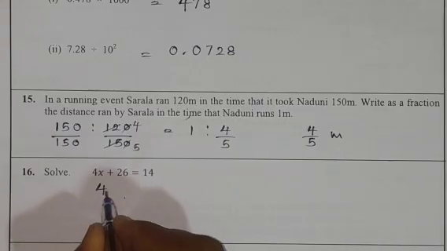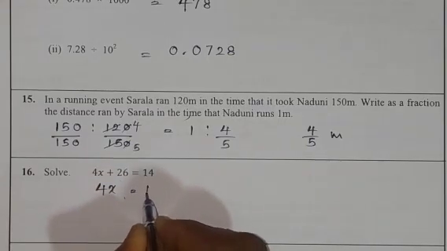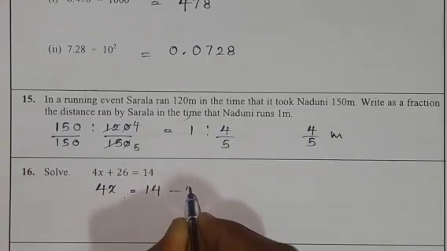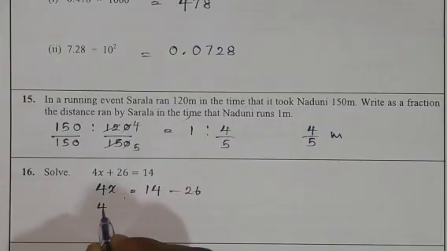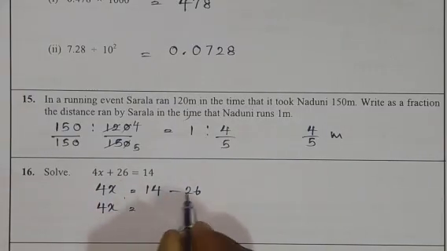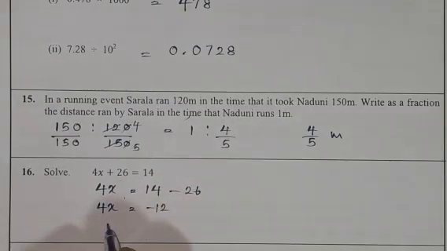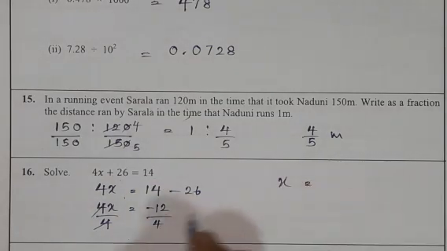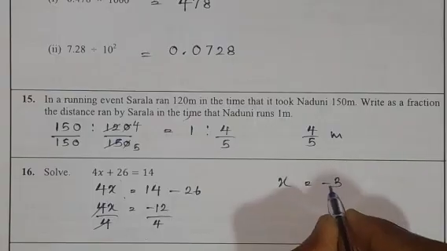Then here the remaining is 4x equal to 14 minus 26. 4x equal to minus 12. Then divide both sides by 4. 4 and 4 can be cut off. X equal to minus 12 divided by 4 is minus 3.